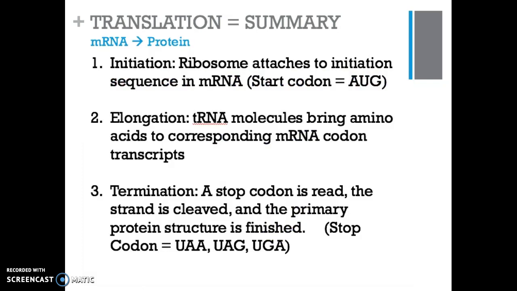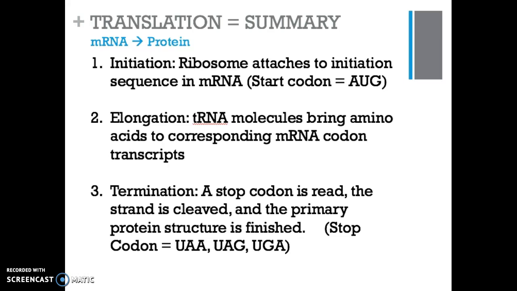So here's a summary of what we're going to be looking at in translation, where we're going from the mature mRNA transcript to proteins, a fundamentally different molecule with different pieces. In the first phase, we're going through initiation, in which the ribosome is responsible for both reading the mRNA transcript and synthesizing the protein. A ribosome is going to attach to the initiation sequence, what we're going to call the start codon, which is for us universally AUG.